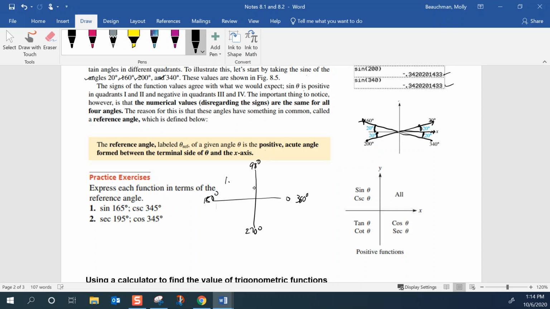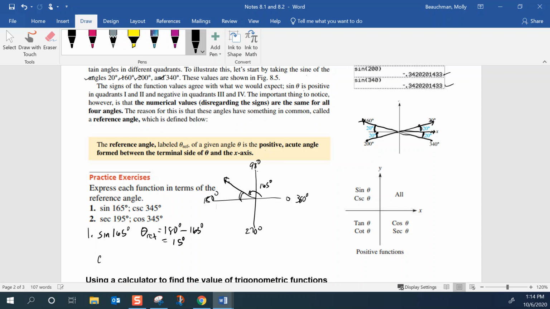So 165 degrees is here. What angle does that make with the x-axis? Okay, so number 1, the sine of 165 degrees, the reference angle is equal to 180 degrees minus 165 degrees, which is 15 degrees.